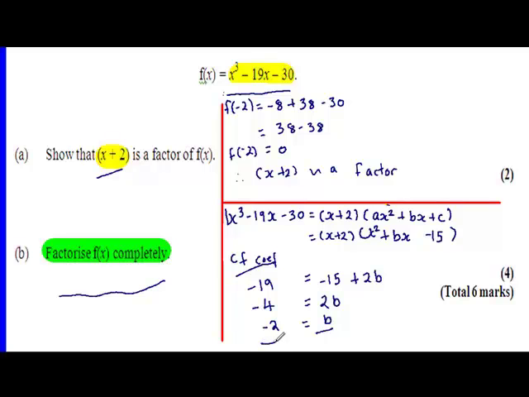Now the last part of the question is to factorise. So we have x plus 2, which is the linear, then we have the quadratic, which is x squared minus 2x minus 15.